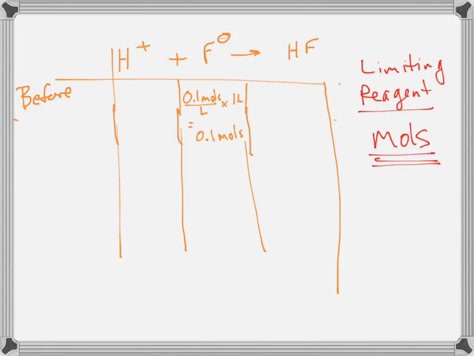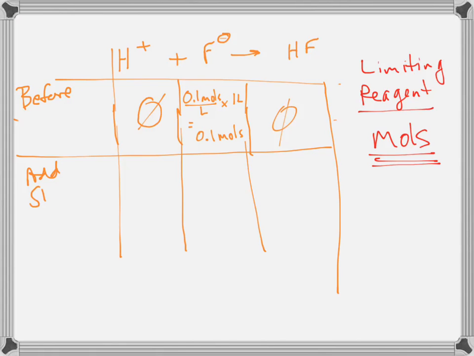Because this is a before we add our strong acid, what's our concentration of H plus? It hasn't been added yet. What's our concentration of HF? Also 0. It has not reacted yet, at least in this case. So we now have our before. Now what do we do?